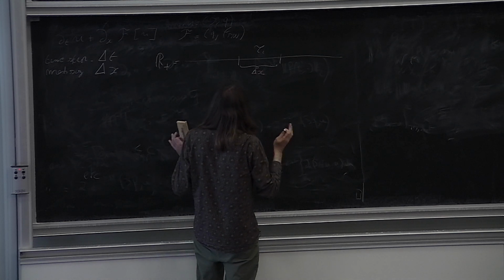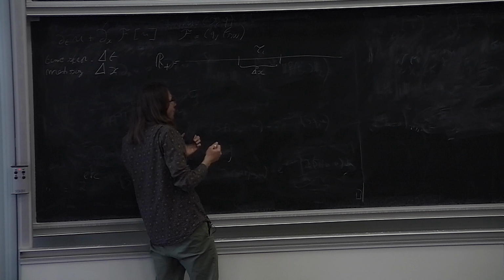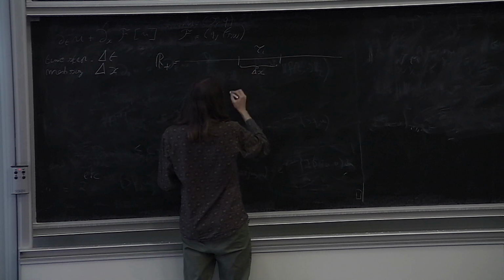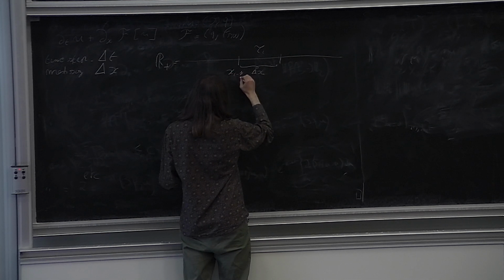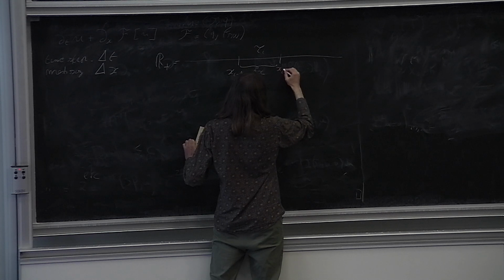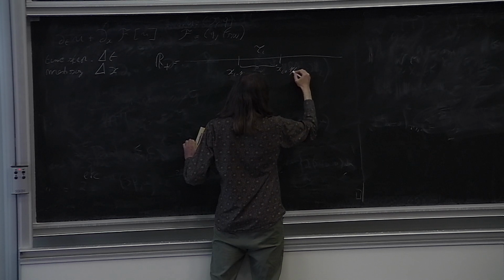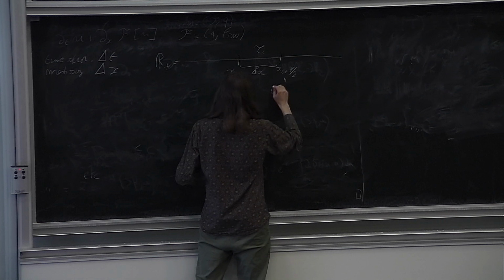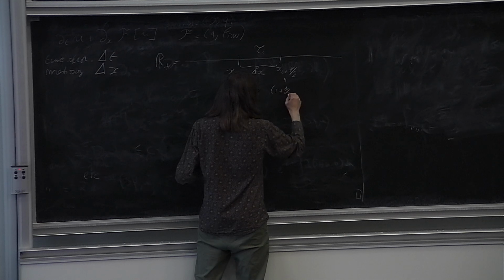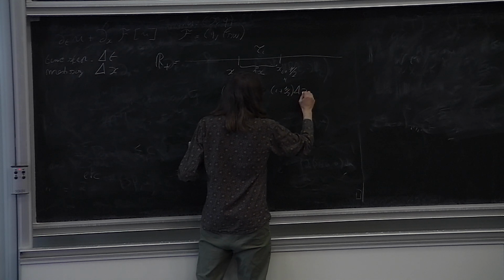And since I look for a finite volume solution, here I will say that it's x_{i-1/2}, and here x_{i+1/2}. It means that I say it's i minus 1/2, here i plus 1/2, the mesh size.